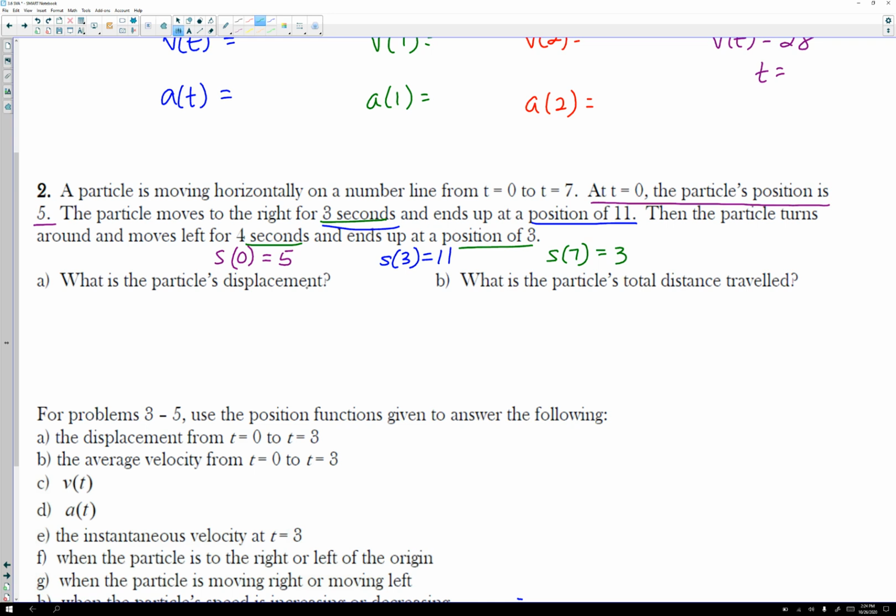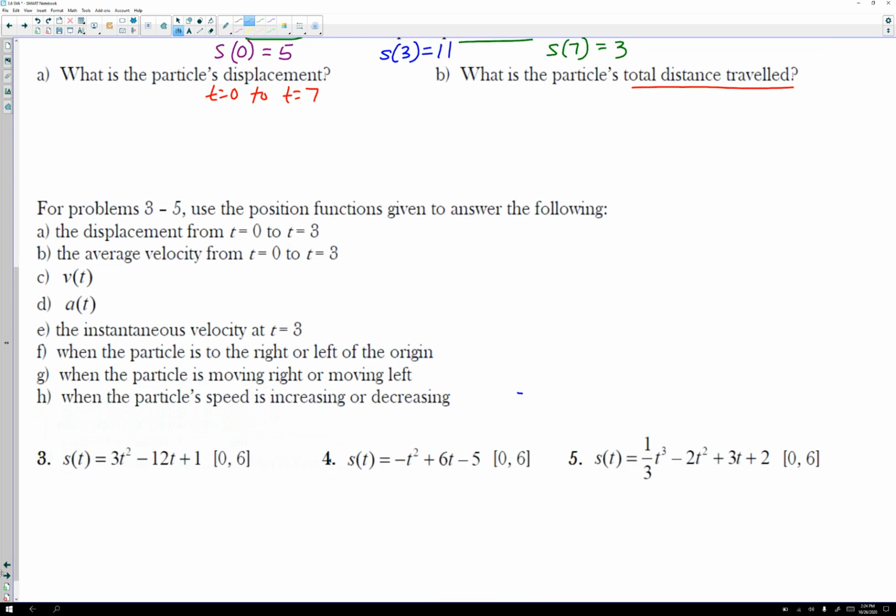The displacement, it's asking the displacement from a time of 0 to the end, the time of 7, just to clarify that. And now the total distance traveled, go ahead and figure that out. You want the total distance, not just the difference from the start and the end, but that whole distance that the particle traveled.